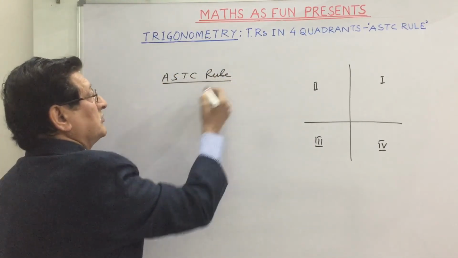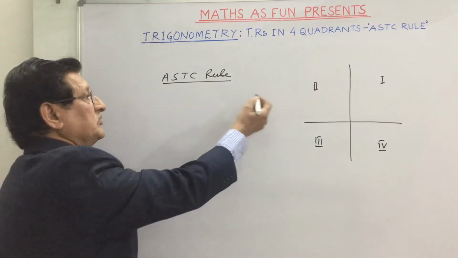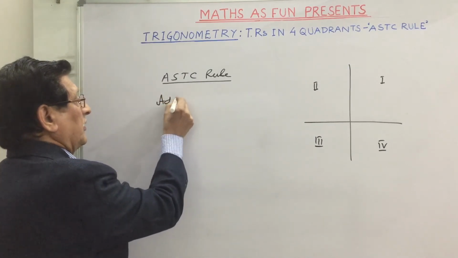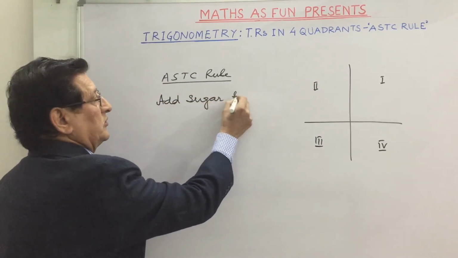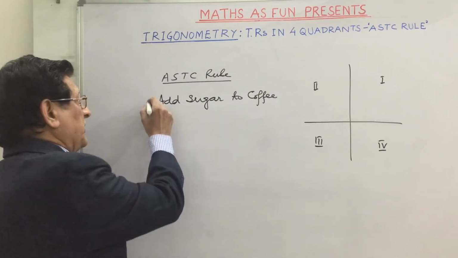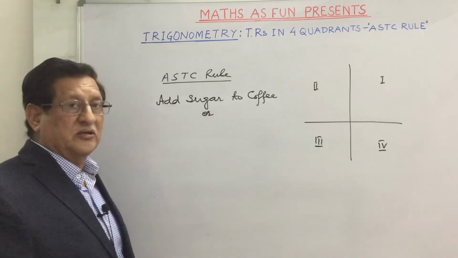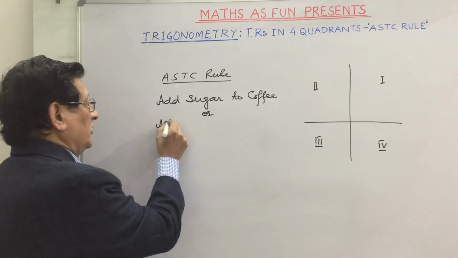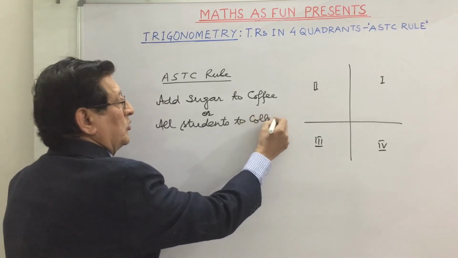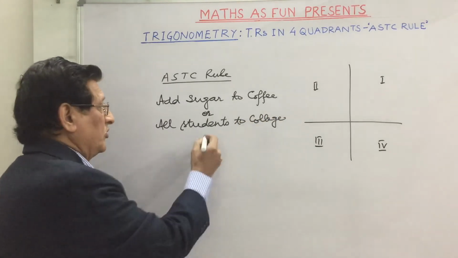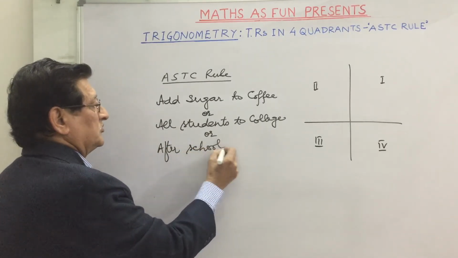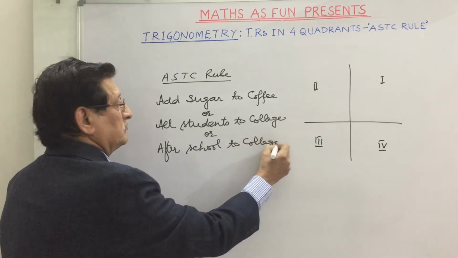To remember this in an easy way, we can remember it as a particular sentence. That sentence may be Add Sugar To Coffee. It may also be remembered as All Students To College, or After School To College.